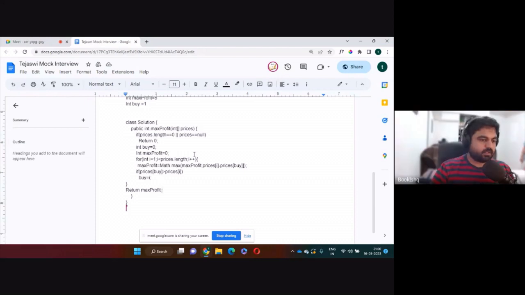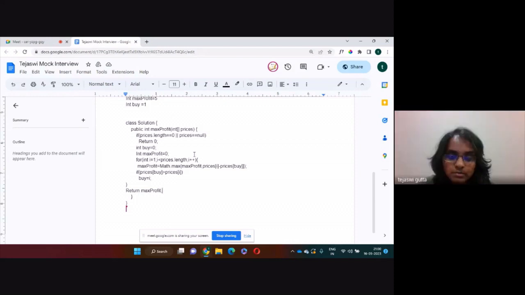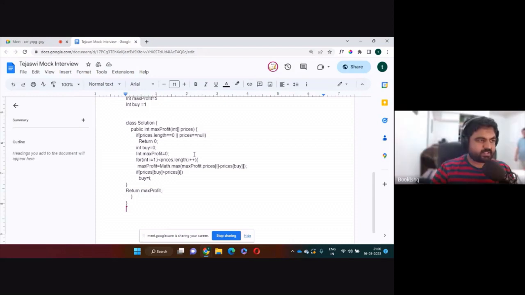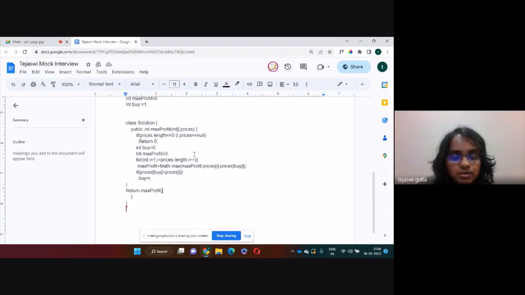Okay. Just a quick question again. For this one, can you change anything in the code to make it more efficient?